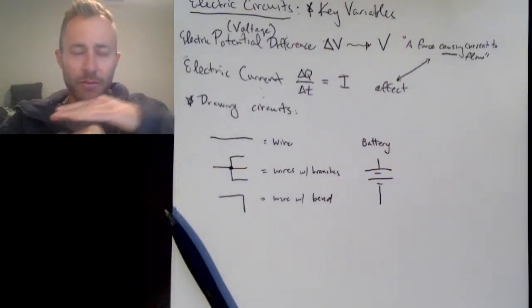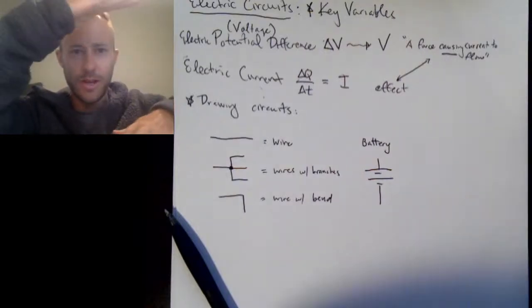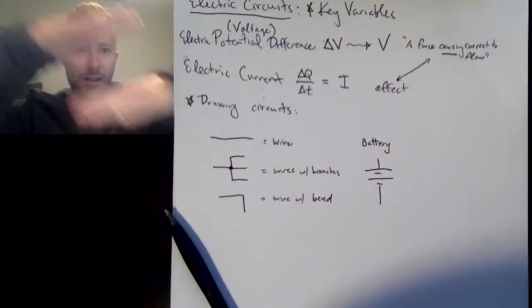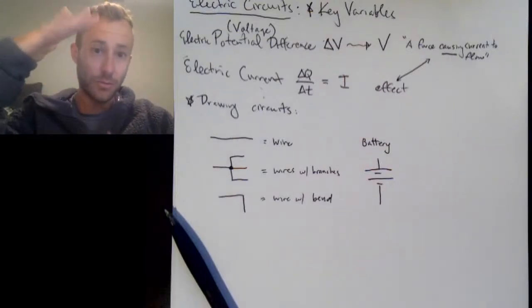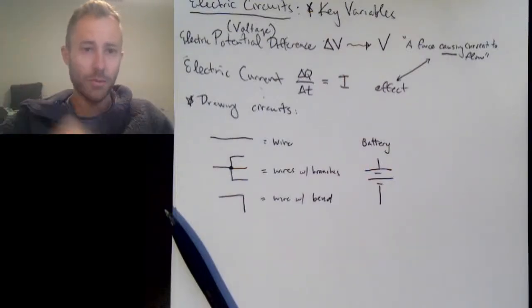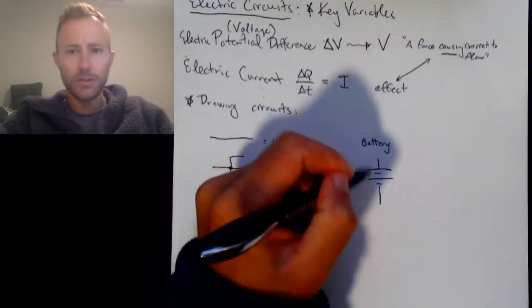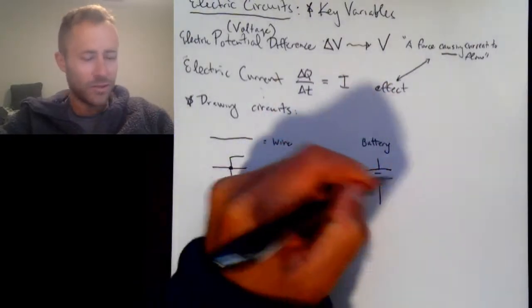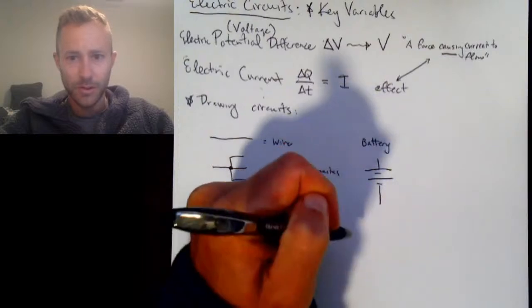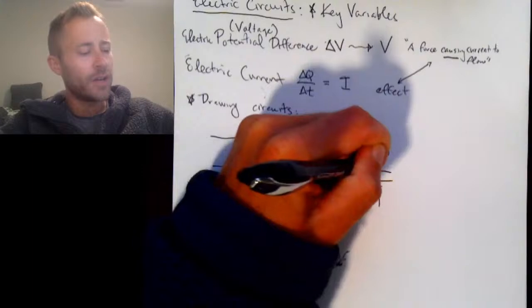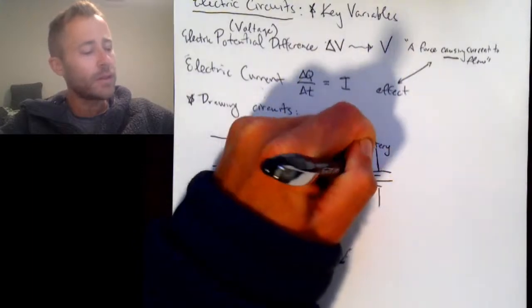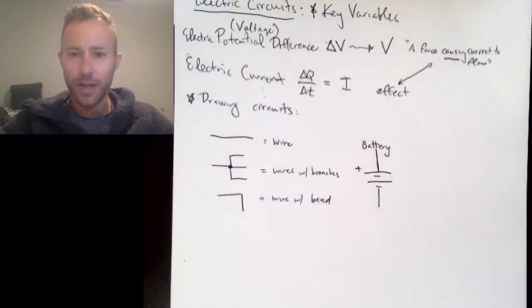So you would have stack A, or you'd have A, B, A, B, A, B, and they would make this stack, and that is how the first batteries were built. And so this is sort of representing those stacks of two different materials. And the longer line is the higher potential side.